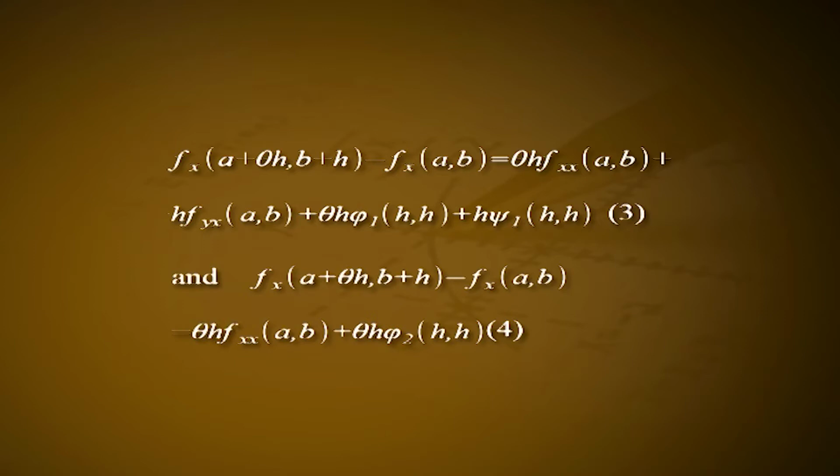And f_x(a + θh, b) − f_x(a, b) = θh·f_xx(a, b) + θh·φ₂(h, h). Let it be equation number 4, where φ₁, ψ₁, φ₂ all tend to 0 as h tends to 0. From 2, 3 and 4 we get φ(h, h)/h² = f_yx(a, b) + θφ₁(h, h) + ψ₁(h, h) − θφ₂(h, h). Let it be equation number 5.